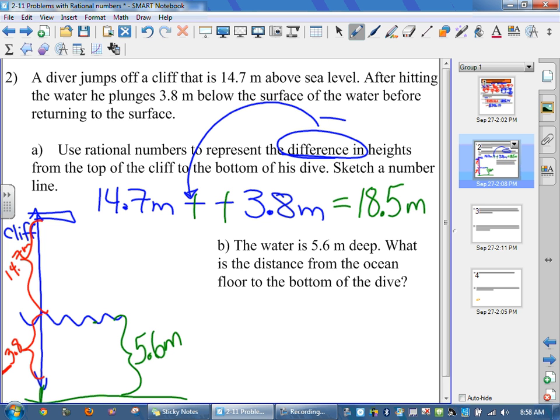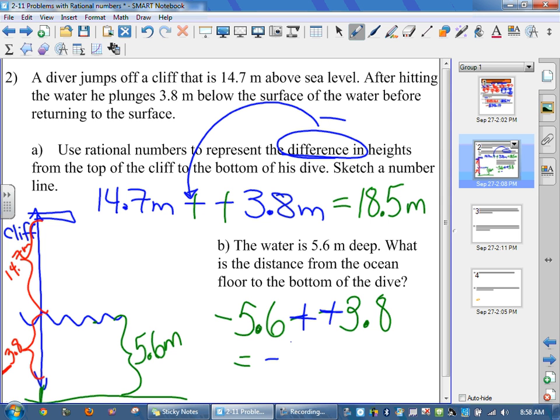So 5.6, since it's below water, is also a negative. So we'd have negative 5.6 subtracting negative 3.8. Now we solve that. Again, the two signs in the middle become positives. So let's find that there, please. What is the distance from the ocean floor to the bottom of the dive? Yes. Negative 1.8. Good, negative 1.8 meters.